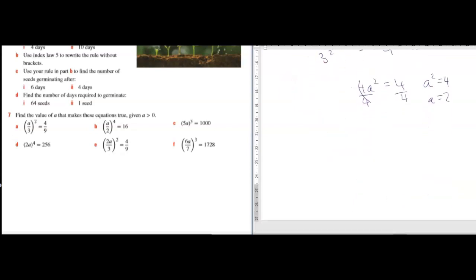All right, let's do F. So 6a over 7 cubed equals 1,728. Okay, so this cubed applies to the 6 and the a and the 7.